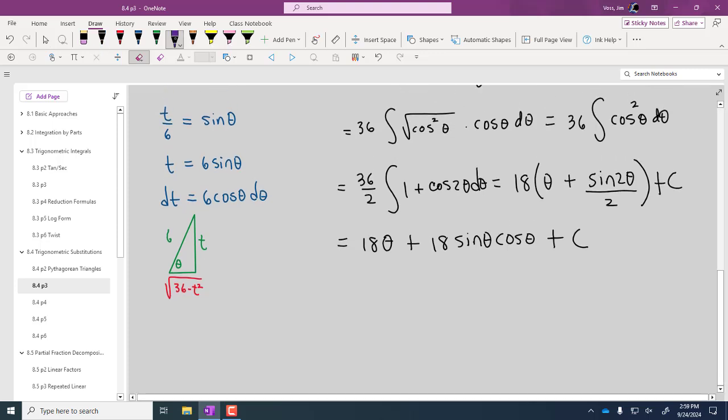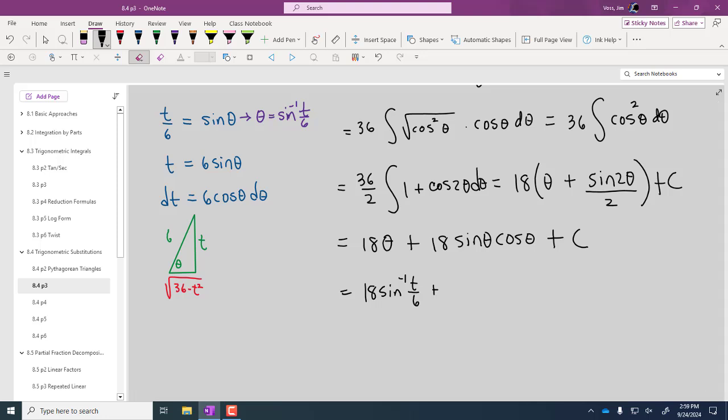This step right here, the original substitution allows us to solve for theta. Theta will be the inverse sine of t over 6. So theta is going to be replaced with that, inverse sine of t over 6, plus 18 multiplied by sine of theta.